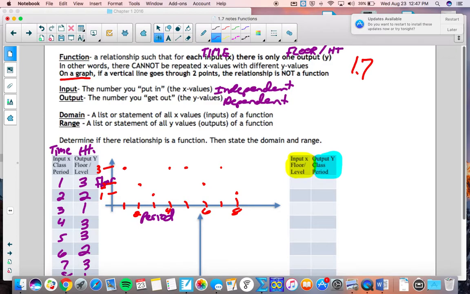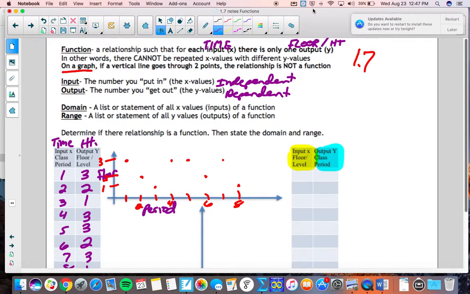How confusing would that be if 3rd hour you had 7 different floors you're supposed to be on? That'd be really confusing, because Central doesn't have 7 floors. A schedule is supposed to tell you where you're supposed to be at each given time. And so for each of these times, there is one corresponding floor. This is a function.